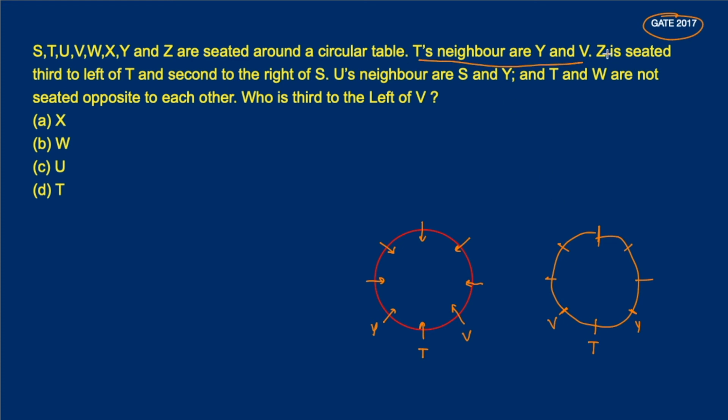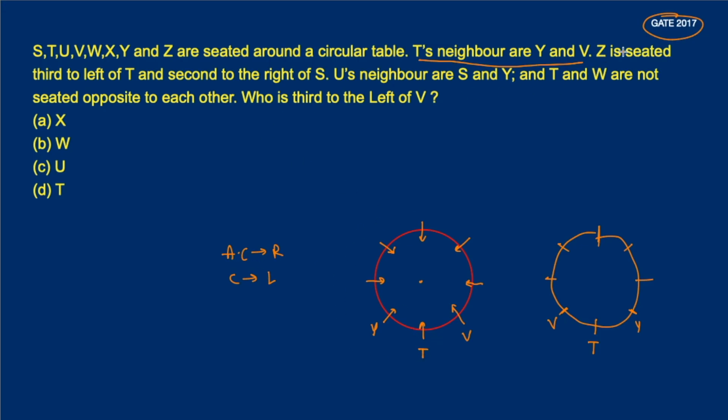Now the second statement says that Z is seated third to the left of T. As I said, when people are facing inside, towards the center, your anti-clockwise is right and clockwise is left. So you have to go clockwise in order to find the left.